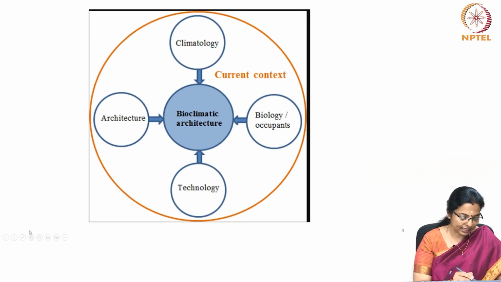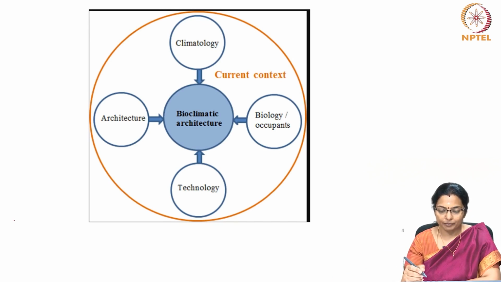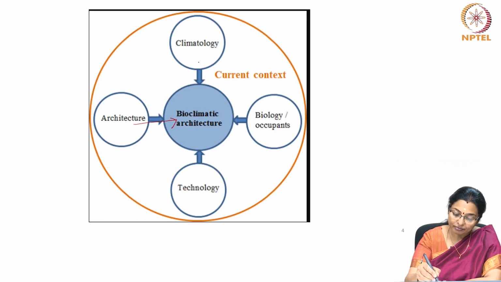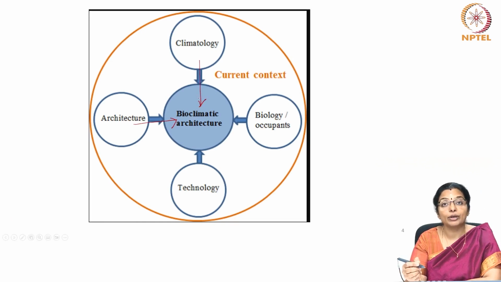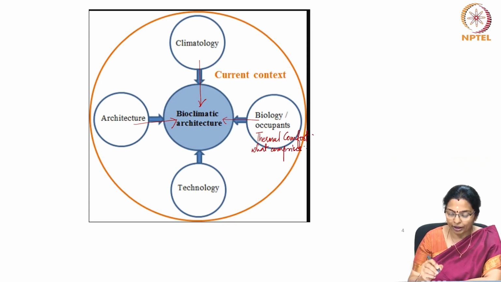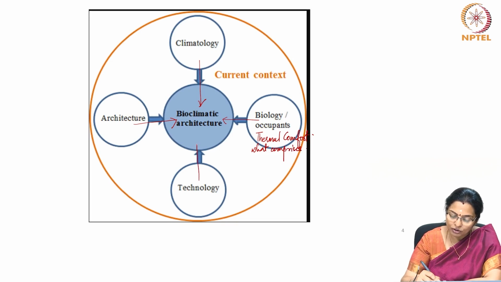So, if you see what bioclimatic architecture is, it is a combination of architecture, the climate of the place, which we will be looking at in this course, how do we understand the climate of a place, the biology of the occupants, and this is where we can say thermal comfort, what comprises it, and also the technology.